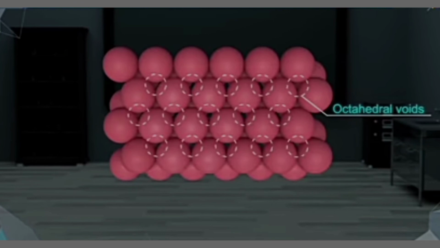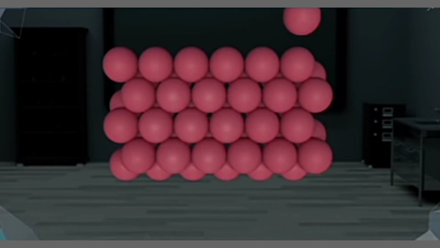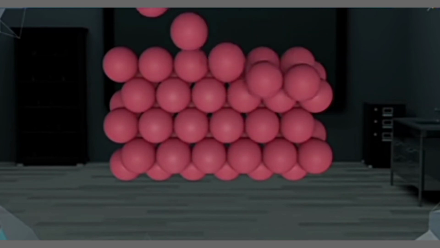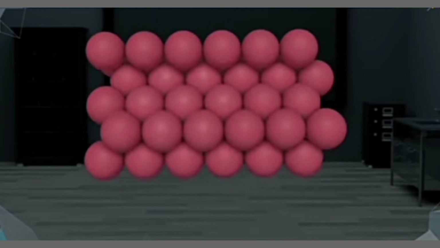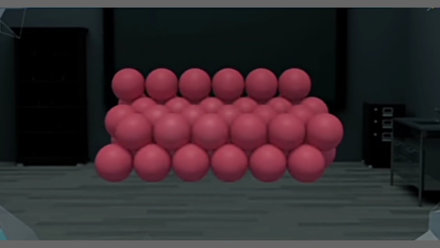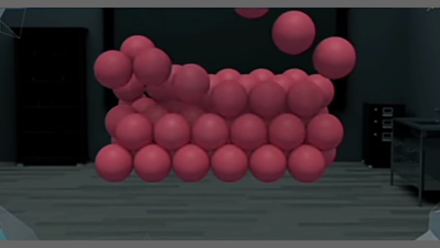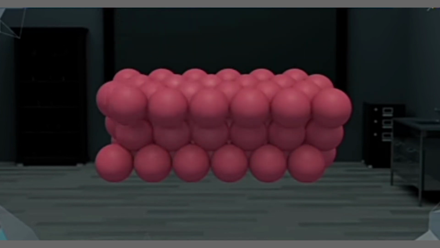By covering octahedral voids: the octahedral voids of the second layer can be covered by placing spheres of the third layer over them. On doing so, the spheres of the third layer will not align with the spheres of the first layer.